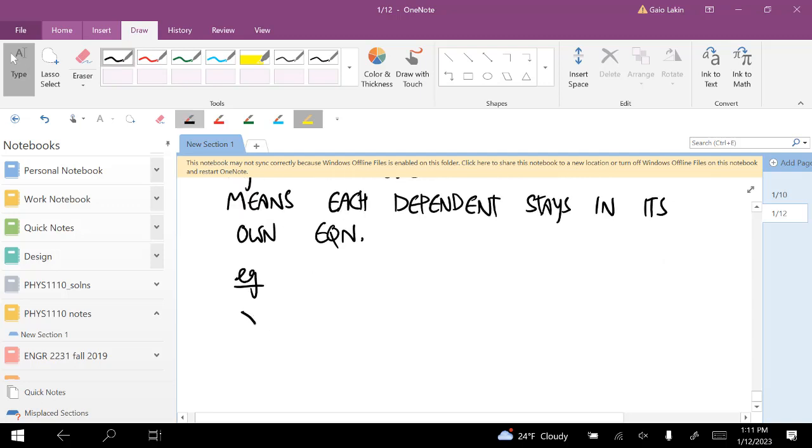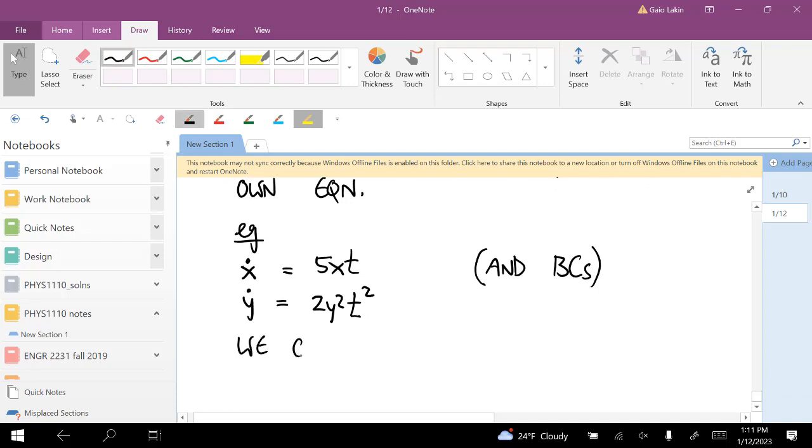So for example, if you have a system of equations that says x dot is equal to 5xt and y dot is equal to 2y squared t squared, and you have your boundary conditions, we can solve this because there's an x equation and a y equation.